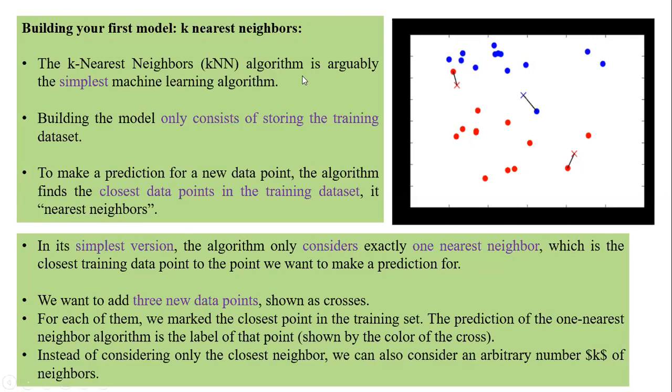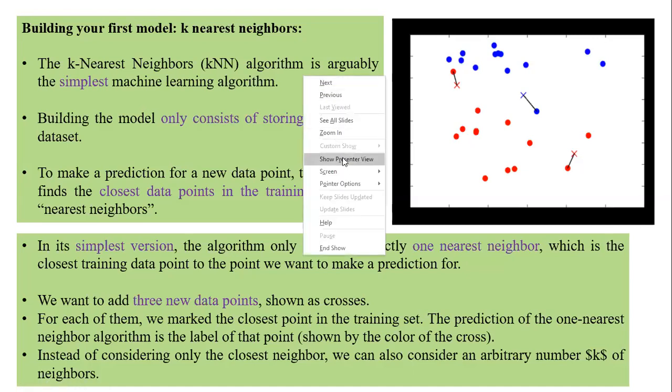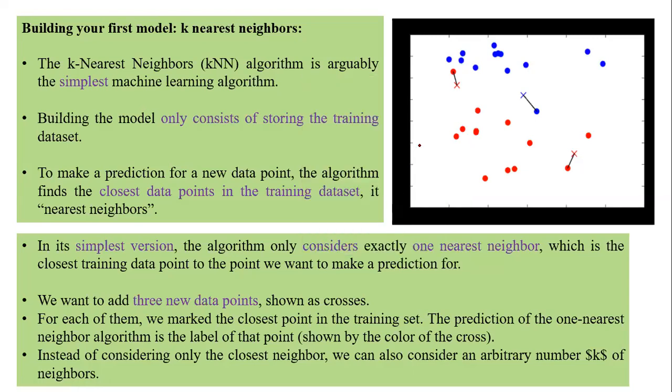So, for example, let me grab the pen. This is a cross, our new data. There are two data points close to it. To which does this belong? As it is close to the blue, we will consider this the class of blue dots.